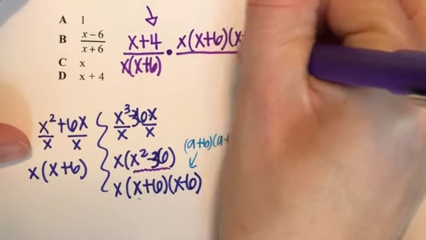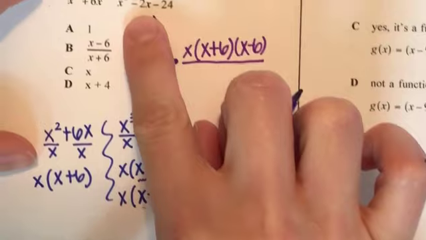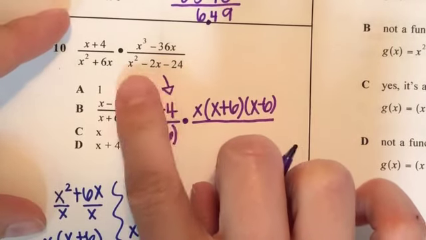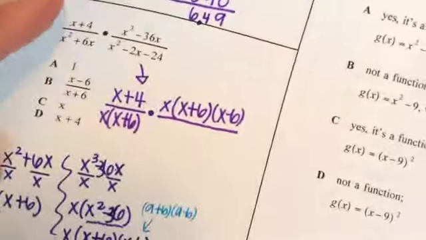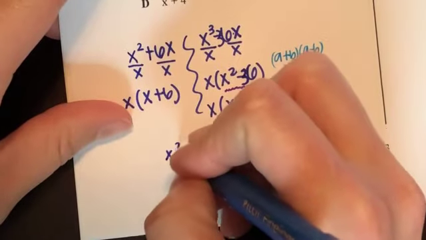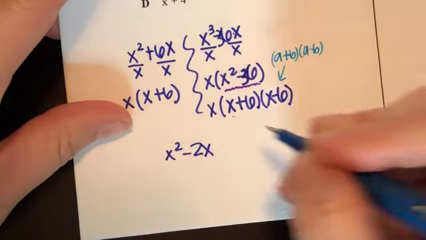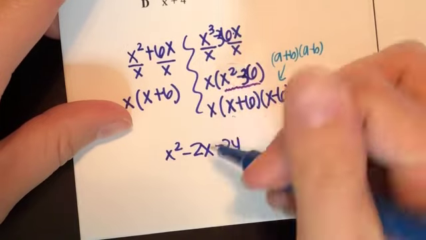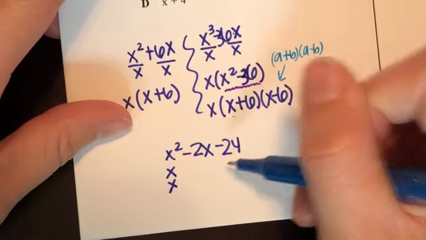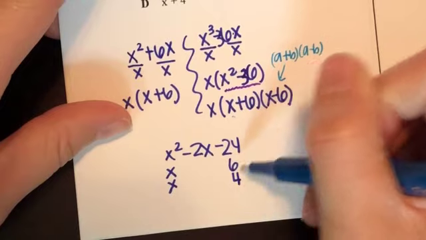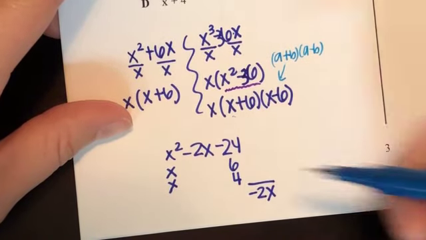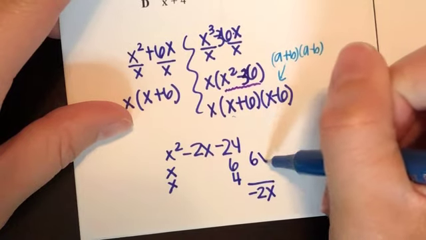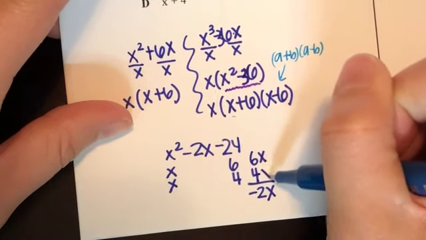Okay, last part that we need to factor is x squared minus 2x minus 24. So I'm going to take that trinomial and write it down at the bottom. X squared minus 2x minus 24, and I'm going to factor x times x equals x squared. 6 times 4 will get me to 24. And I want to add up to negative 2x, so x times 6 is 6x, x times 4 is 4x.